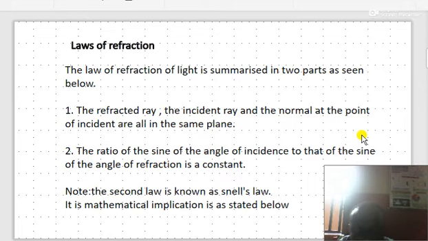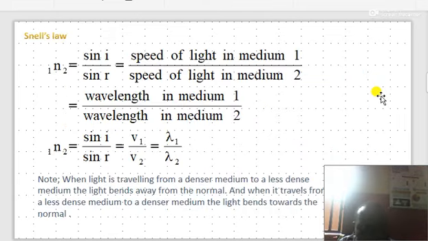So now we need to see this law in a more robust way, as put forward by the man called Snell. Snell expressed this law in mathematical format as this: sine i, the sine of the incident angle, and sine r, the sine of the angle of refraction, have a simple ratio with one another, so that the constant called the refractive index or index of refraction is given the letter n.